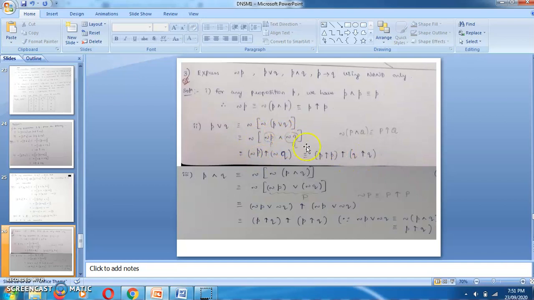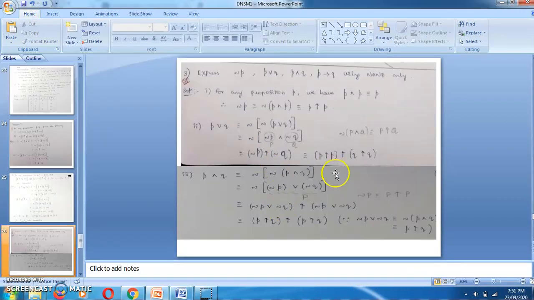So here we have the NAND operation. Why is negation of p written as p NAND p? Since we have p, negation of p is written as p NAND p. In the same way, negation of q can be written as q NAND q. So in this manner we can simplify that.